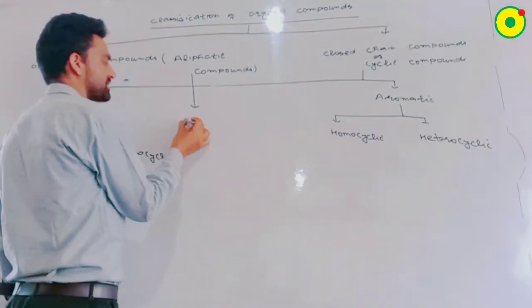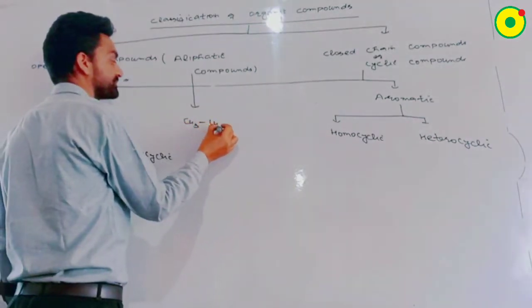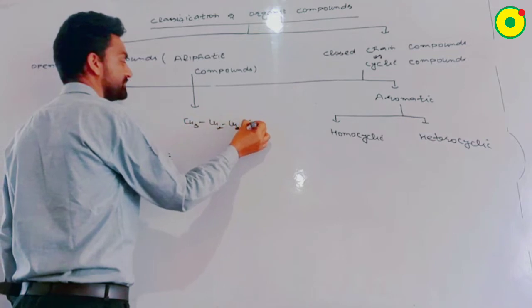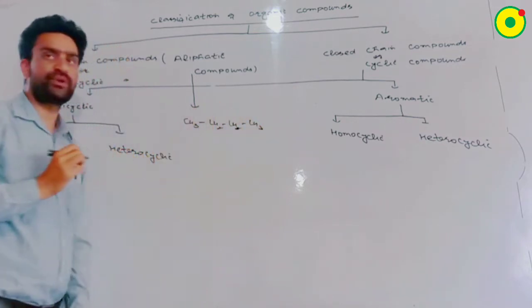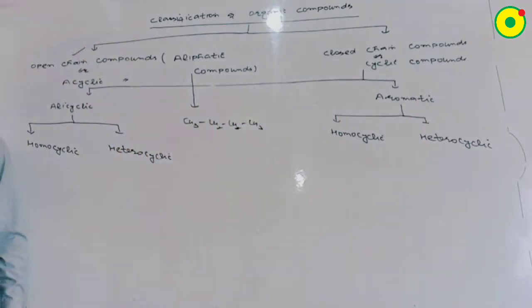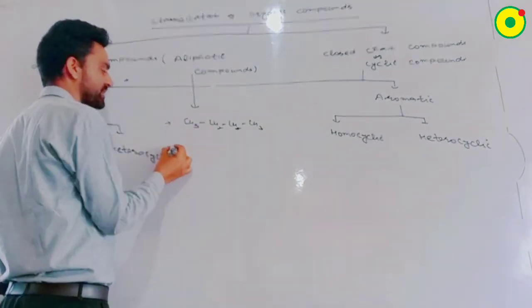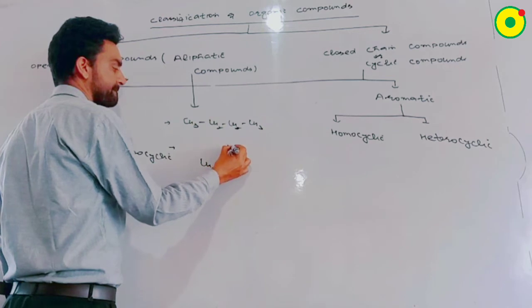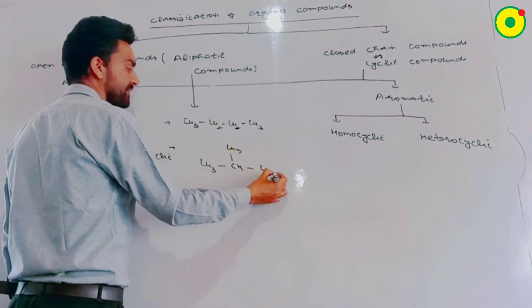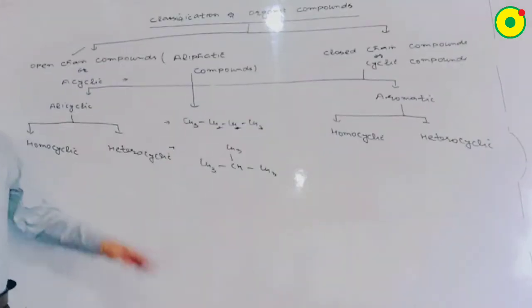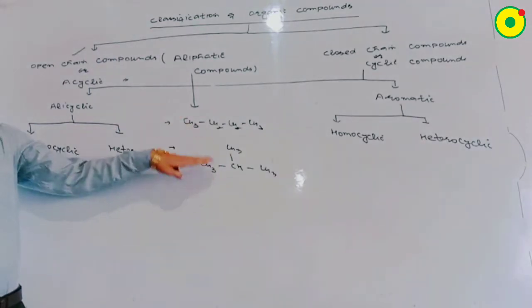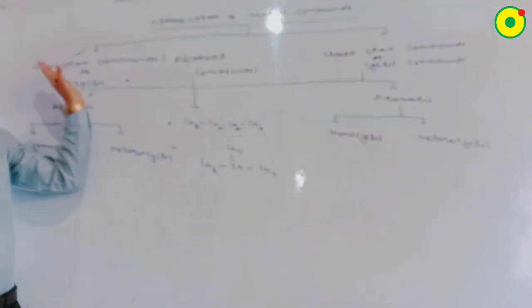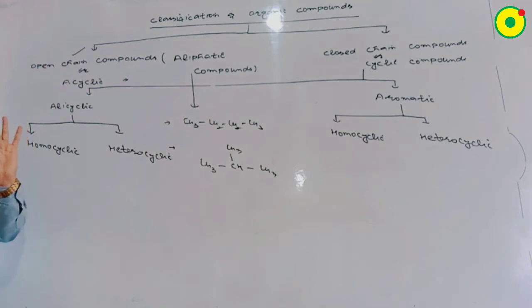Is this an open chain compound? Clear? Is it linear or branched? Straight chain. I will take one more example. Is it branched? Both are open chain. This is straight, this is branched, and they are aliphatic compounds, open chain or acyclic compounds.